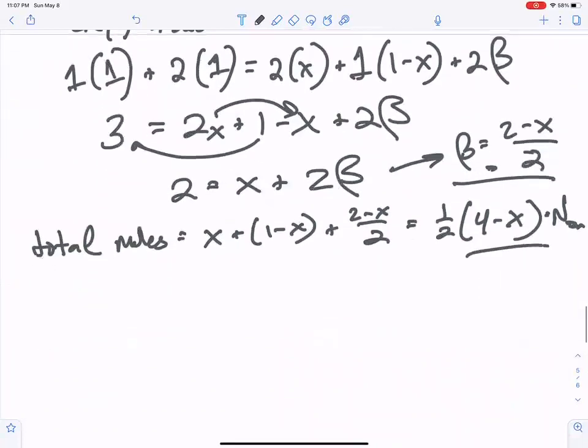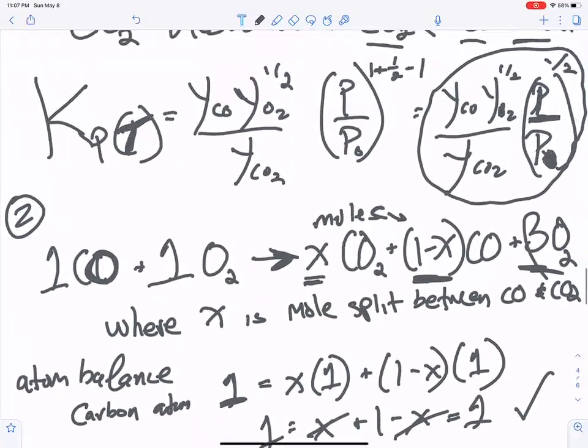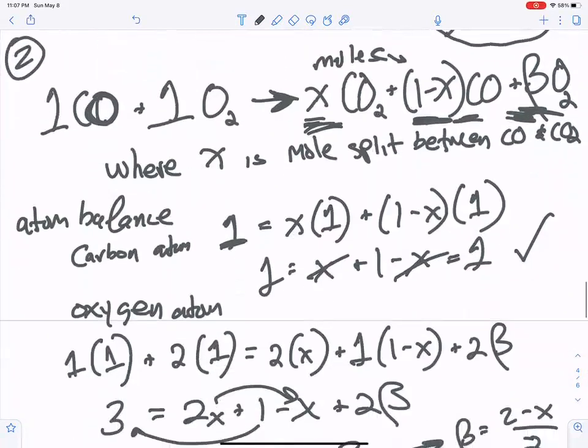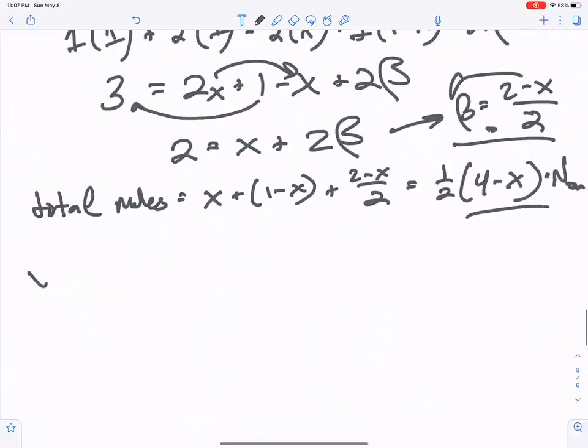Okay, that's the total moles. So we can find the mole fraction from each of these. CO2 is x, 1 minus x is CO, beta is O2, which we found as this. So the mole fraction of CO2 equals 2, because this is in the denominator that goes up to the numerator, 2 times x over 4 minus x.